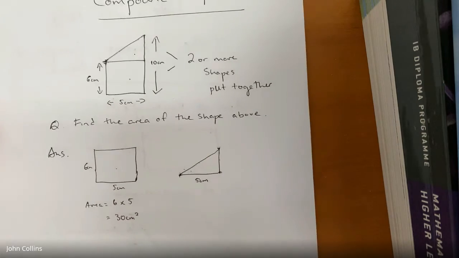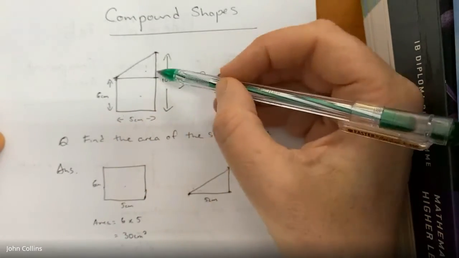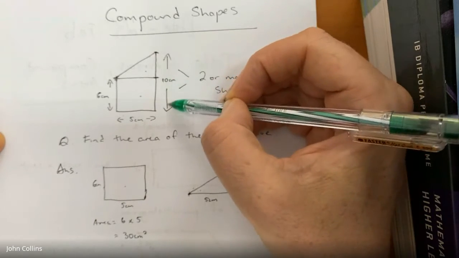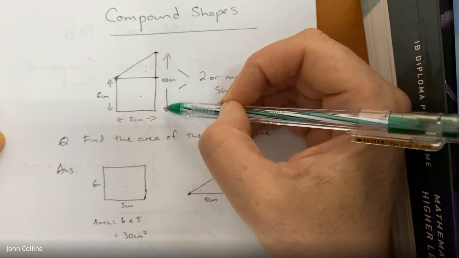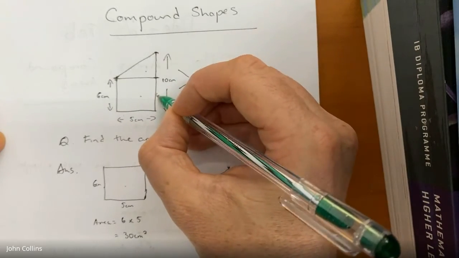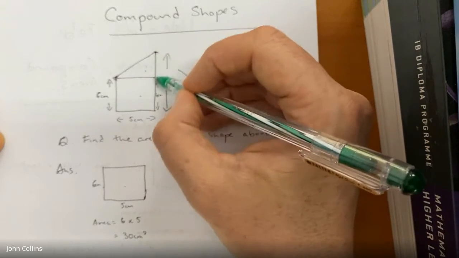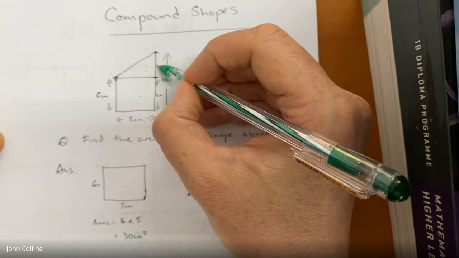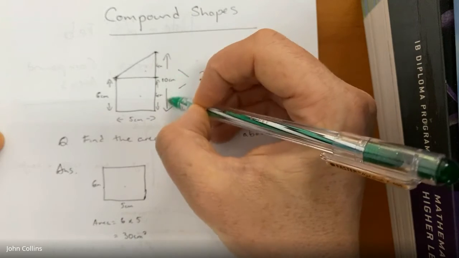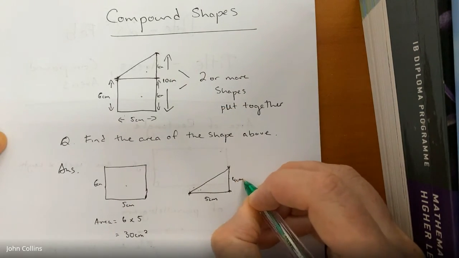But I have enough information to get the height. I need to know this height from here to here. I know the total length is 10 here. But I also know that this bit is 6. Up to here is 6 centimeters. So what's left over here? There's 4 centimeters because it has to all add up to 10. So there's 4 centimeters for this bit.